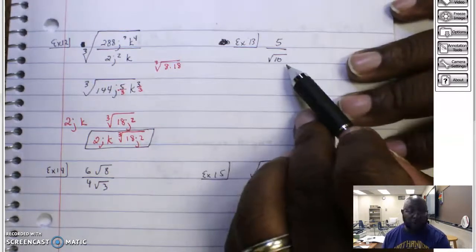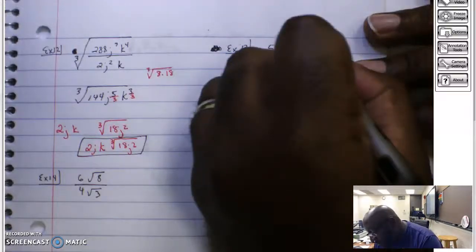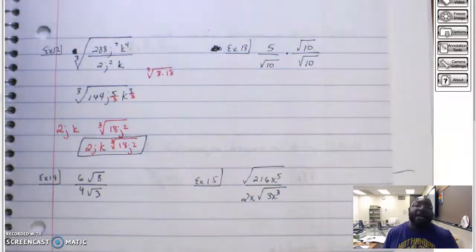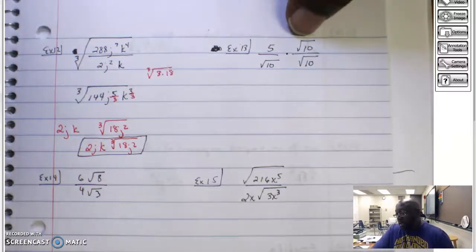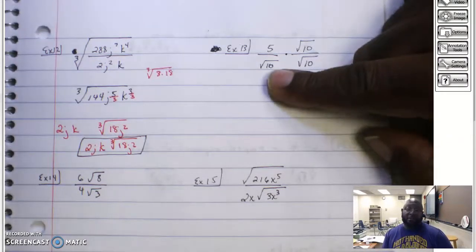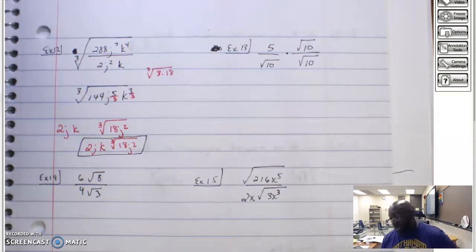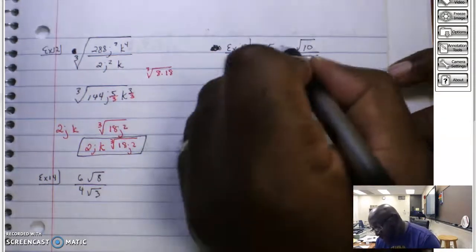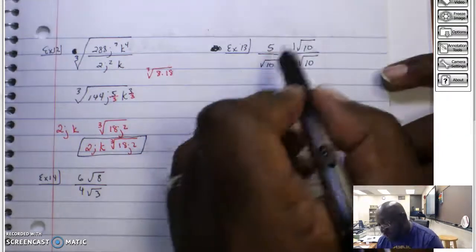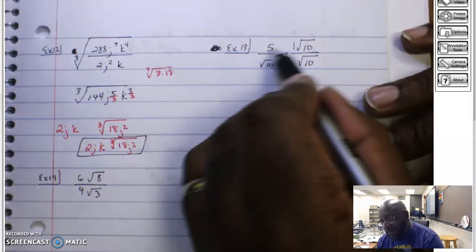Since this is a monomial denominator, meaning it's just a single term, what we're going to do is multiply the top and the bottom by the version of 1, where whatever's inside this radical, we're going to multiply the top and bottom by that. And we know how to multiply fractions. We multiply fractions straight across. So I'm doing 1 here because I'm multiplying. The only thing that I can multiply together is the things on the outside of the radical.